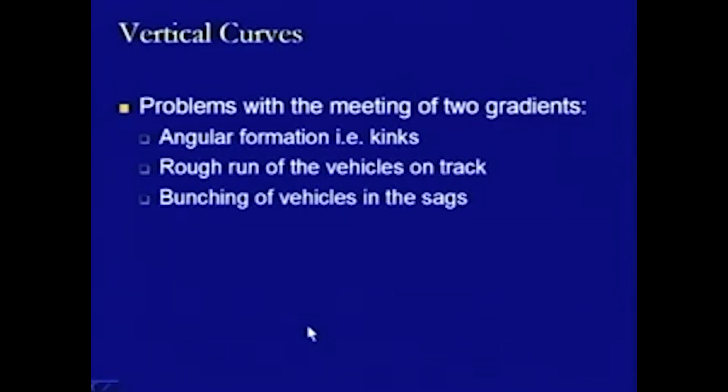This is just because of gravity, due to which all these vehicles will try to align with respect to the sag. It means there will be an accumulation of a number of vehicles within the sag area, and this is what is known as the bunching of vehicles.